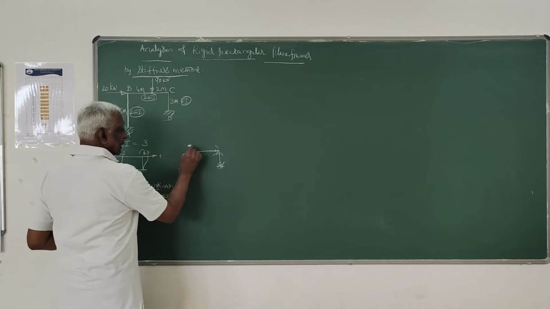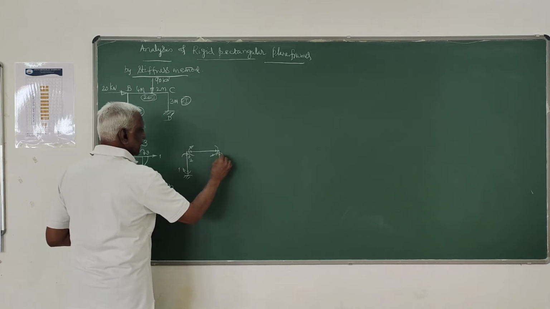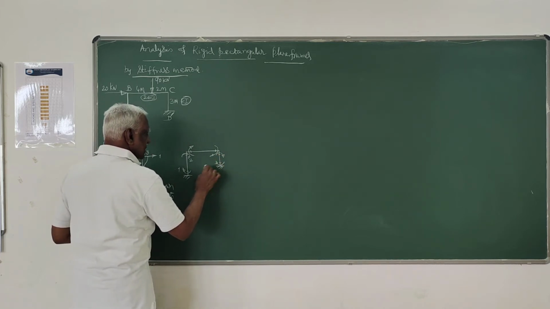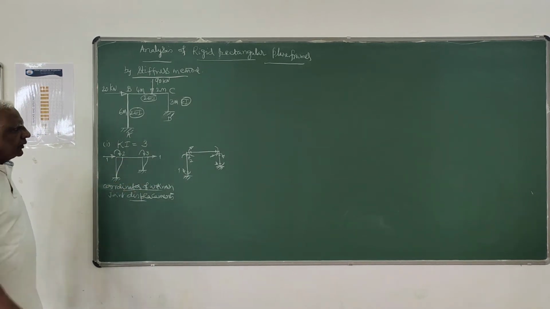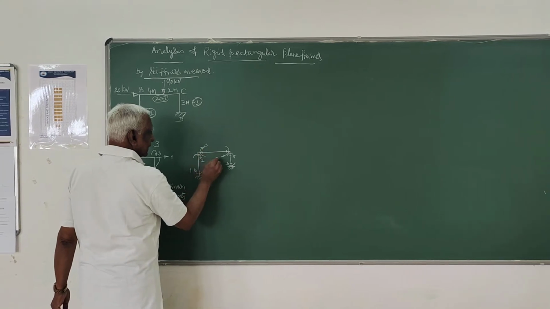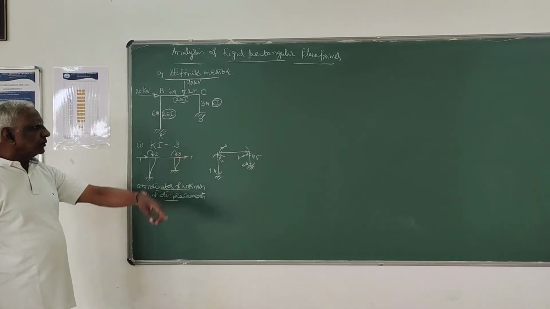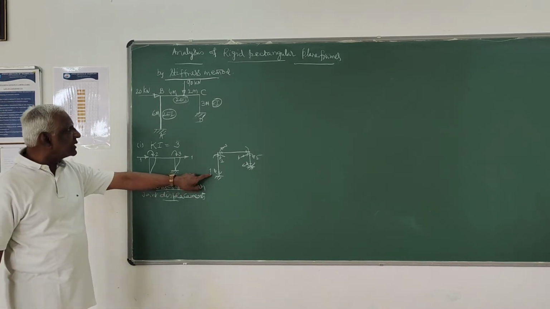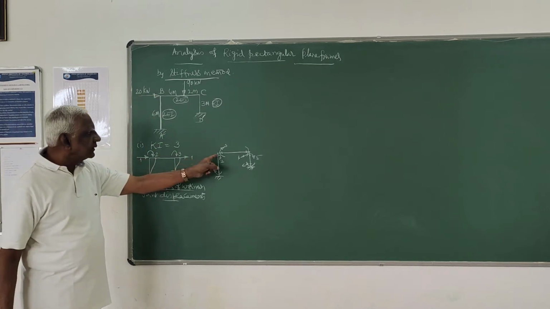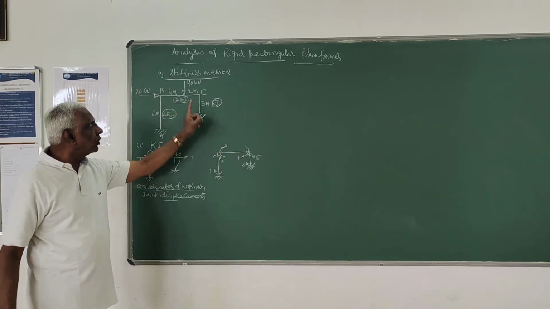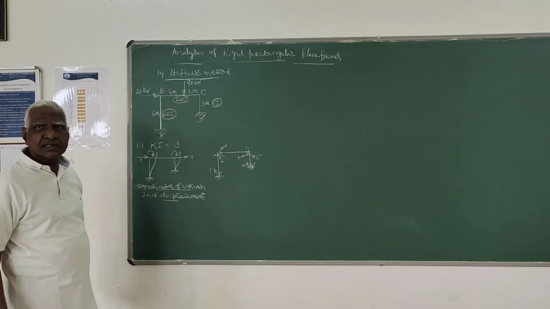Then MBC, MCD, then MCD, MBC. These are the coordinate directions of the moments which we have to determine during analysis. These coordinates are indicated as 1, 2, 3, 4, 5, 6. That is, 1 represents MAB, 2 represents MBA, 3 MBC, 4 MCD, MCD is 5, MBC is 6.